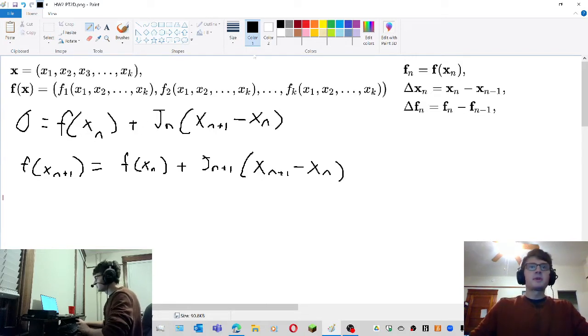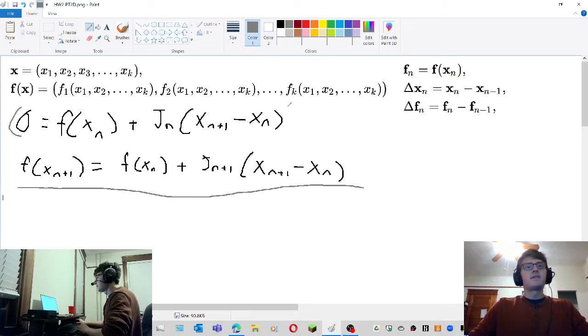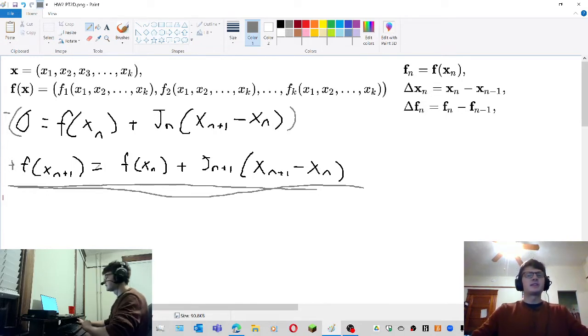So then Broyden's method says to take the top value, make it negative, and then add these up, or subtract the top value from the bottom value.